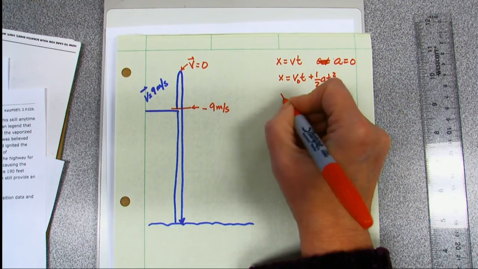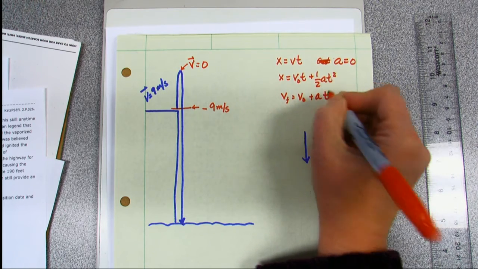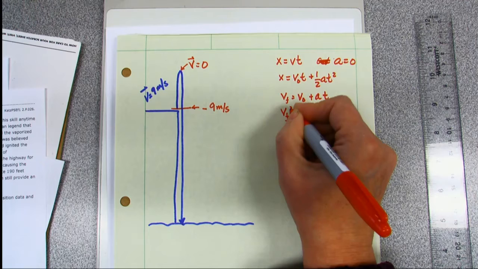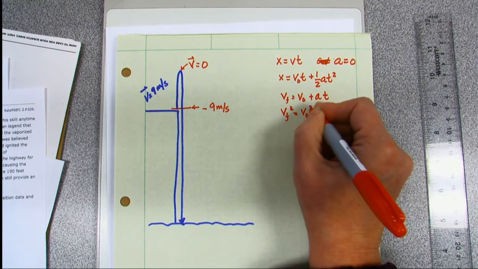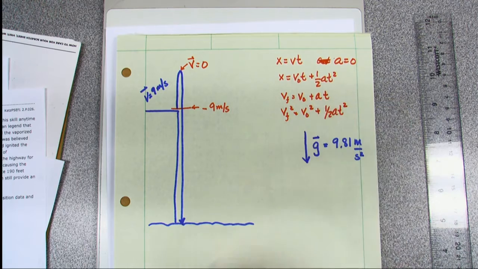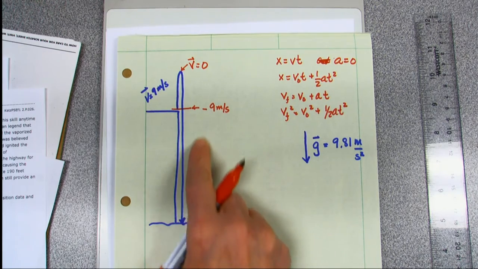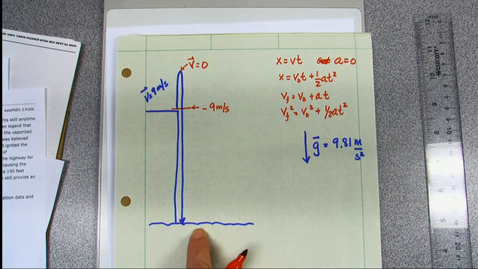And then we have v final is equal to v initial plus acceleration times time. And then we have v final squared is equal to v initial squared plus 1/2 at squared. So that's kind of our toolkit. So let's say we want to know, and usually at this point we have to know something else. We either have to know the height of the building or we have to know the time that it takes to hit the ground.